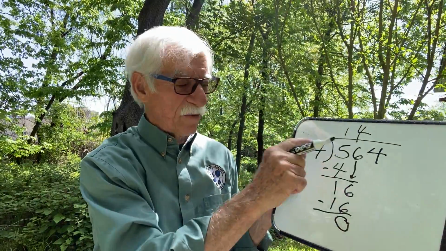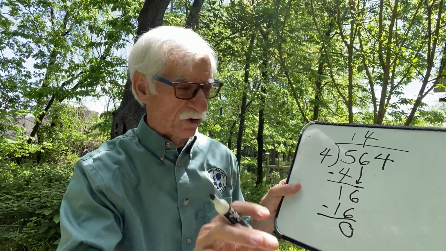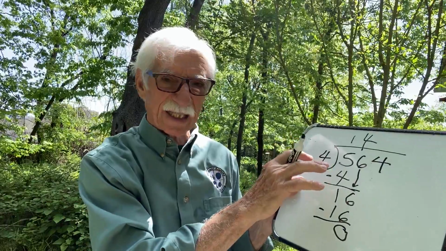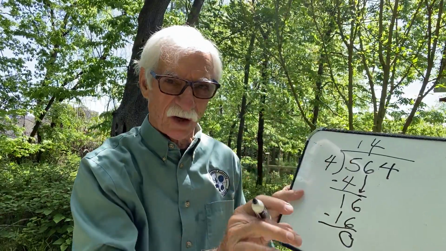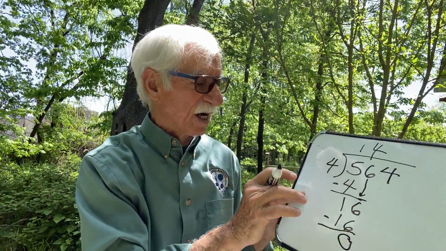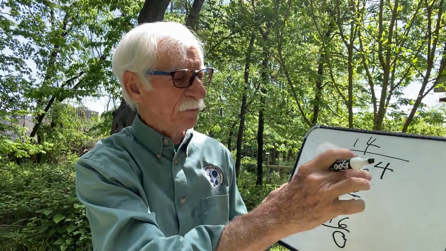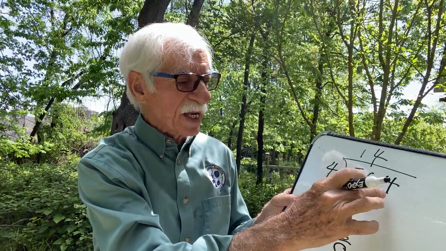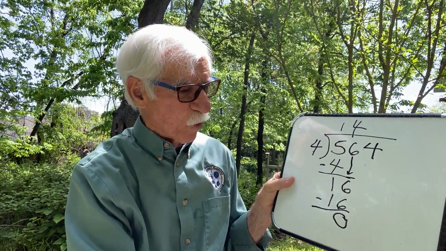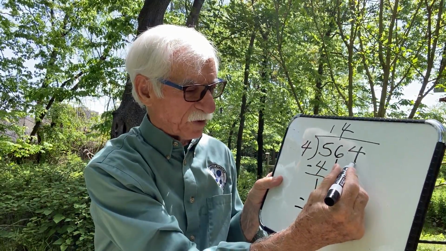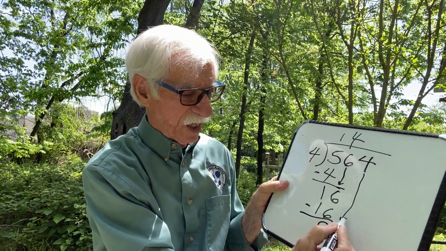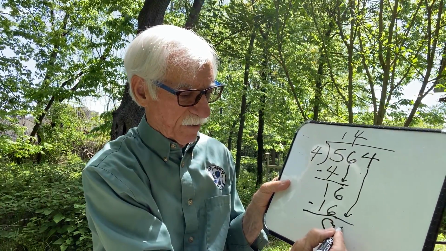So I've given away 500 to the 4 shelves, distributed. I've given away 16 tens to the shelves, all right? Now I'm going to give away the 4 units. I'm going to distribute the 4 units, and that comes all the way down here to where I'm working.